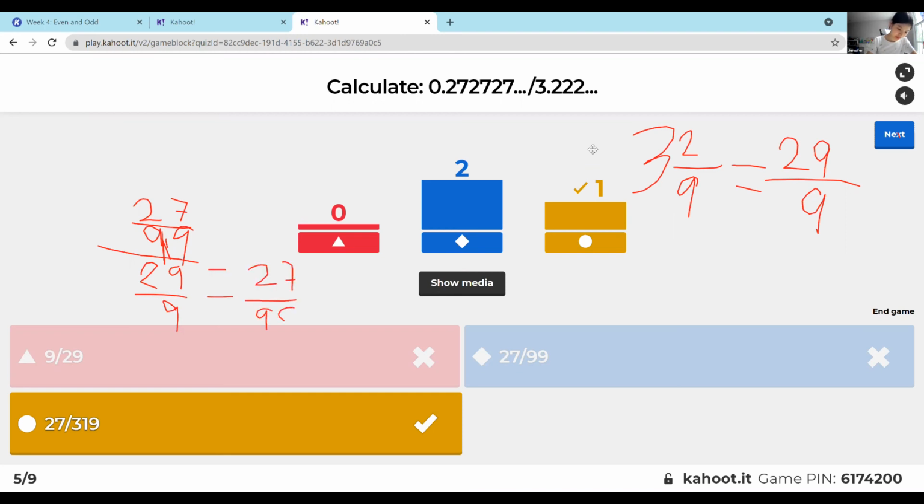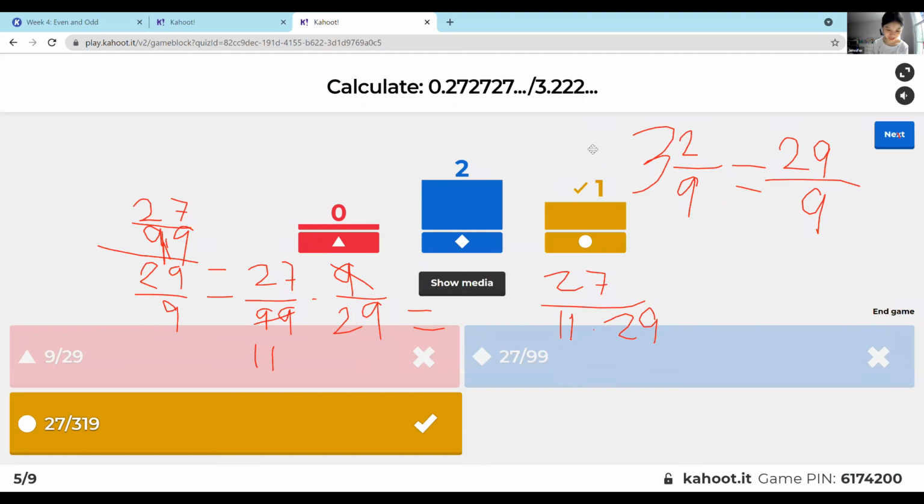And then convert division to multiplication. Then you'll see it's equal to 27 over 11 times 29, which the denominator is actually 319.